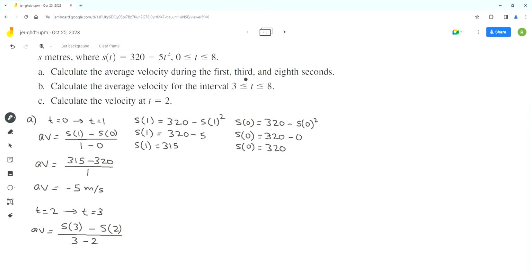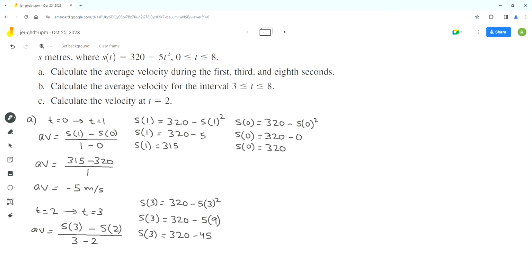Now we have to find out what the position functions are at 3 and 2. If we sub in t as 3 in the position function, we get 320 minus 5 times 3 squared. Now we can evaluate the square term. So we get 320 minus 5 times 9. And in the next step, 5 times 9 is 45.